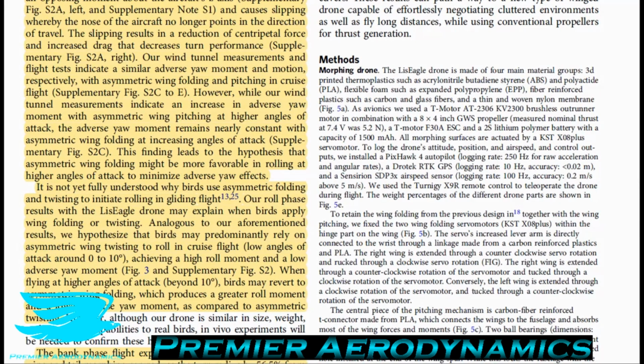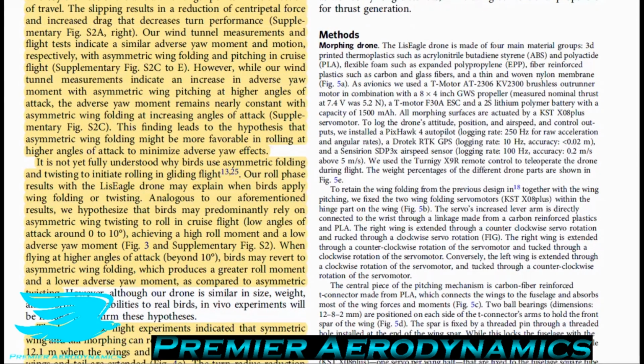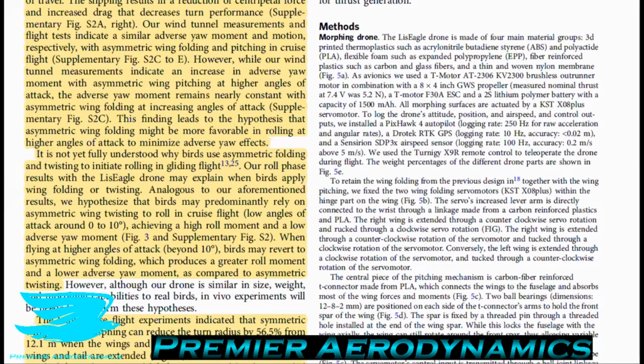It is not yet fully understood why birds use asymmetric folding and twisting to initiate rolling in gliding flight. Their roll phase results with the LisEagle drone may explain when birds apply wing folding or twist. Analogous to other aforementioned results, they hypothesized that birds may predominantly rely on asymmetric wing twisting to roll in cruise flight.